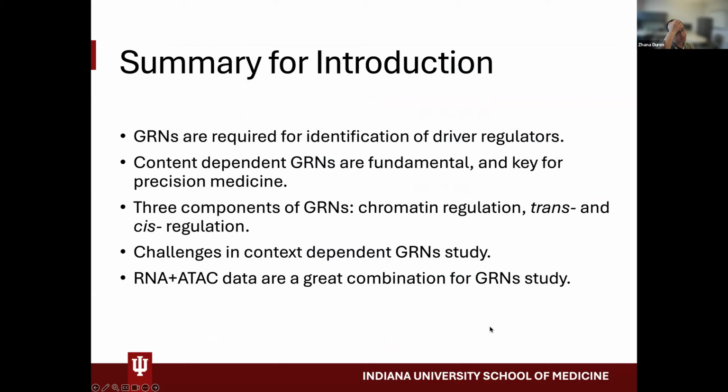So the summary here is that GRN is required for driver identification, and the context-dependent GRN is very fundamental and key for precision medicine. We talked about three components of GRN and three types of node and edge, and we talked about the challenges in this GRN study, and we also talked about RNA plus ATAC-seq together for single cell or bulk. It's a great combination for the GRN study.